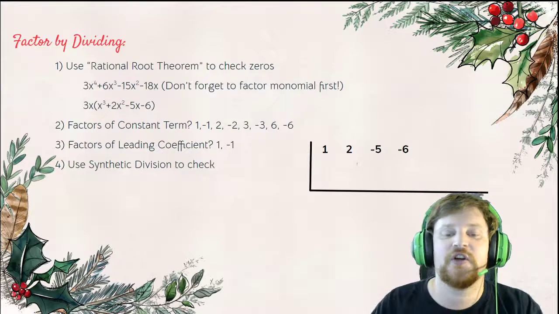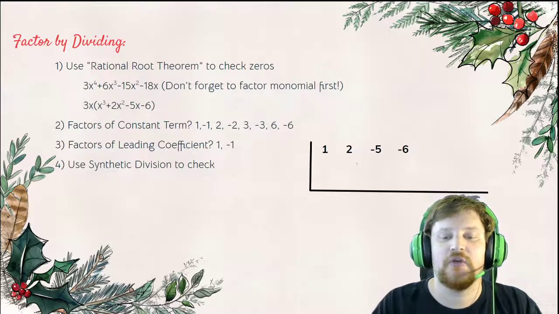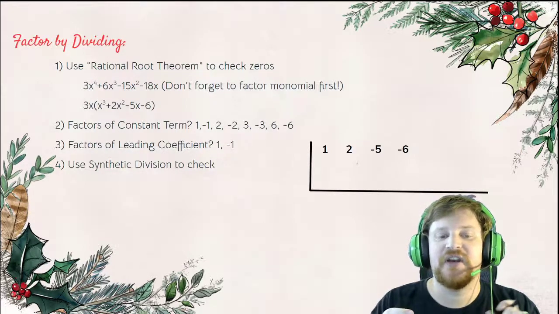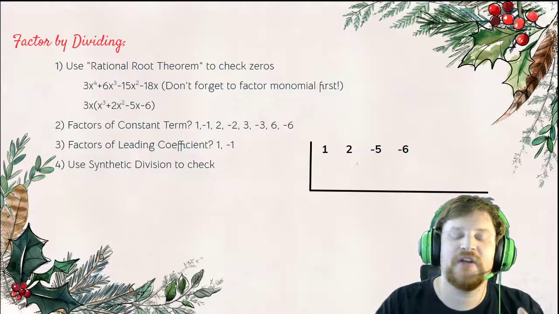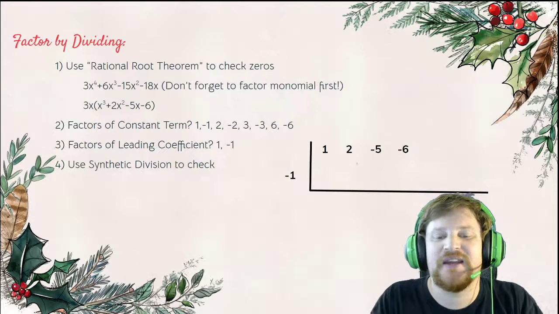Personally, I like starting on the small side, and I like starting opposite of what the leading term is. So our leading term is a positive 1. That means I want to start with a negative, and if I want to start on the small side, well, 1 divided by 1 is 1, so we're going to start by checking a negative 1.